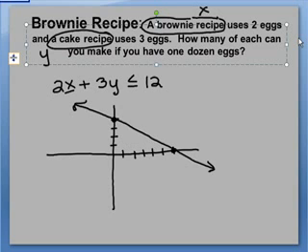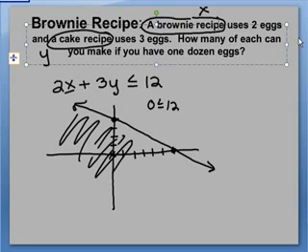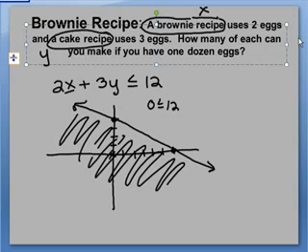And for the shading, let's take the point (0, 0). If we plug it in, 2 times 0 plus 3 times 0 is 0. Is 0 less than or equal to 12? Yes, it is. So we want to shade on this side. Now, because we're looking at recipes, we are not going to make a negative number of recipes.